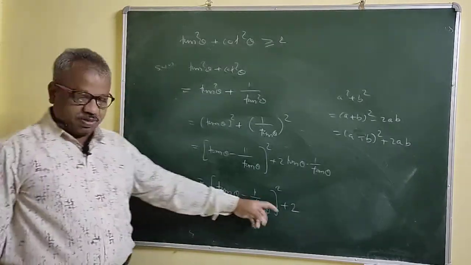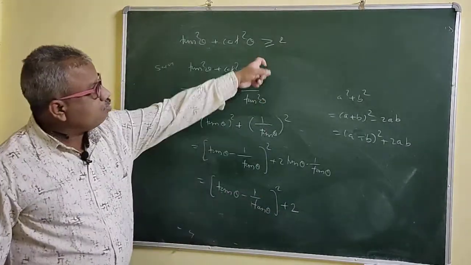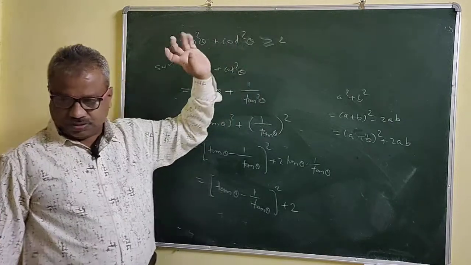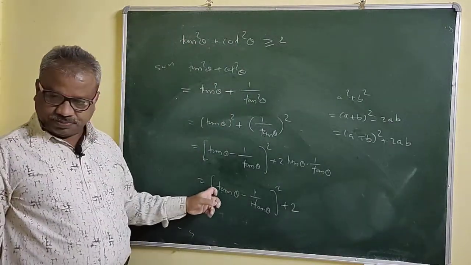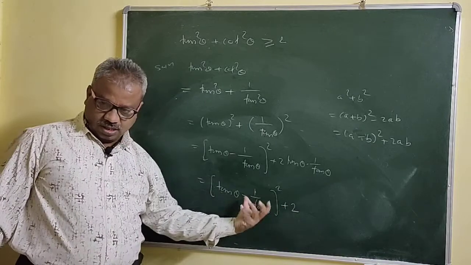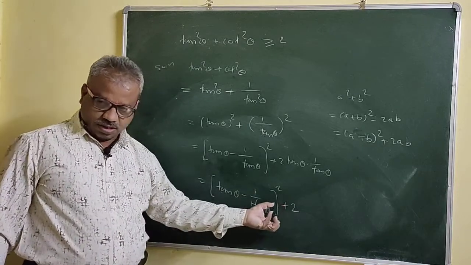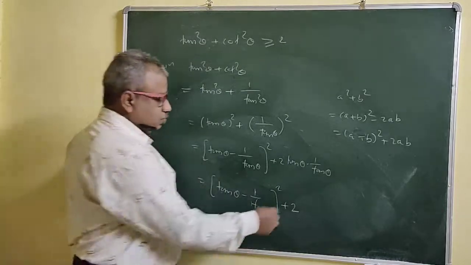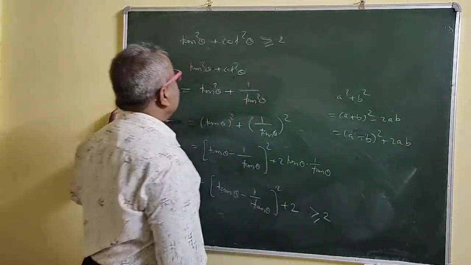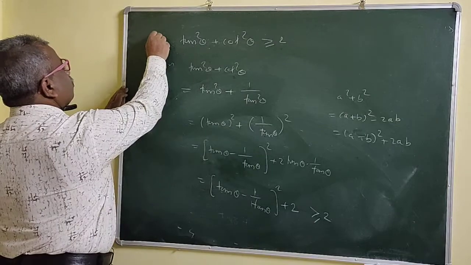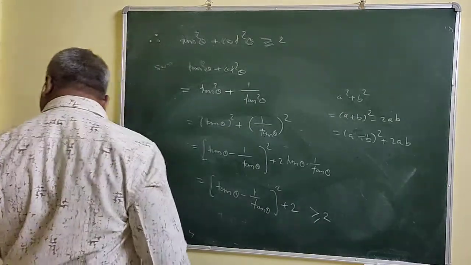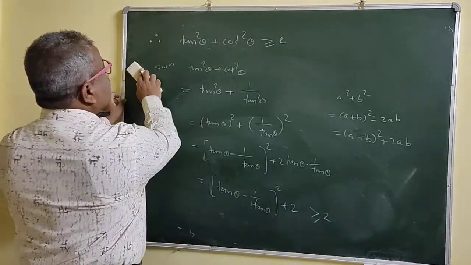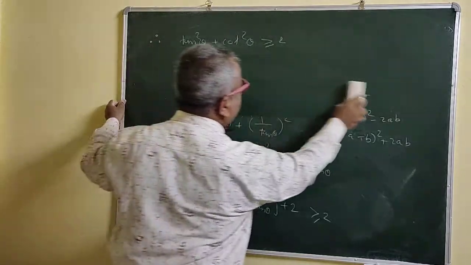Whatever this may be, it may be 0, but it is non-negative. If you add a non-negative number to 2, the number will be greater than or equal to 2. So this is greater than or equal to 2. Therefore tan square theta plus cot square theta is always greater than or equal to 2.